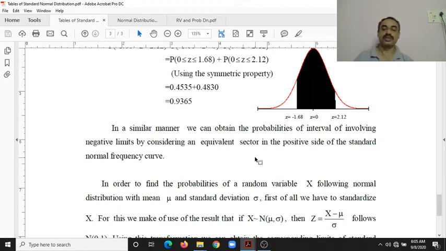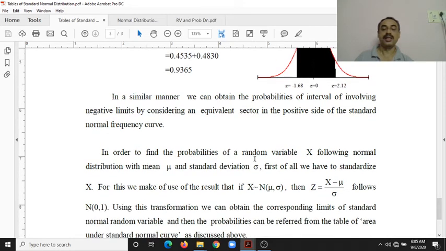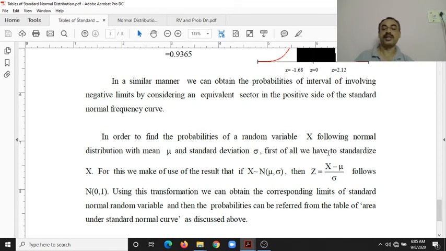But there are situations where we have a normal distribution with mean not 0 and standard deviation not 1, that is, N(mu, sigma squared). In those cases, we have to transform that normal distribution to the standard normal distribution with the help of this transformation relation. That is, if X follows N(mu, sigma squared), then Z equals (X minus mu) by sigma follows N(0,1).